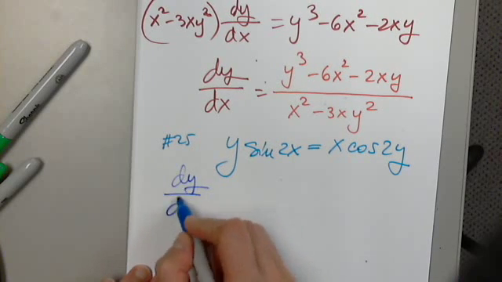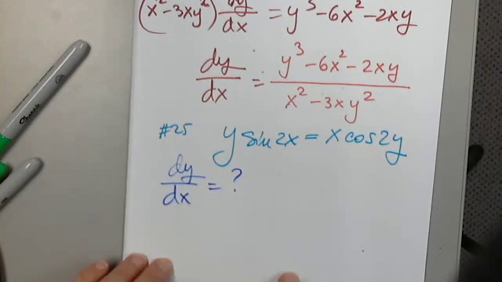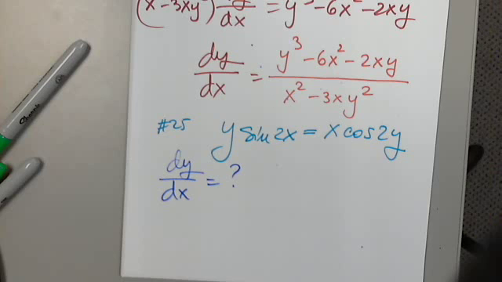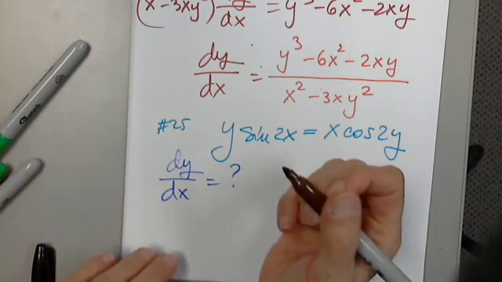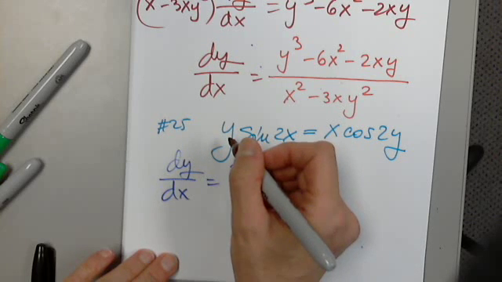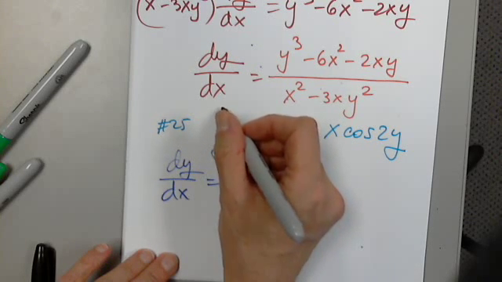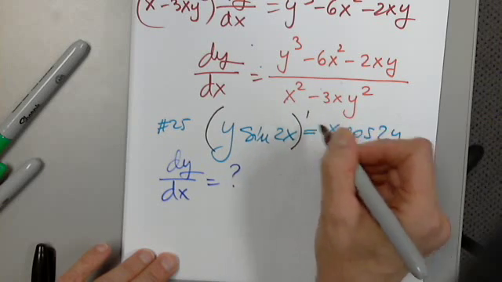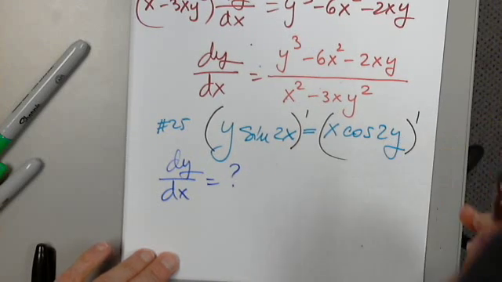Exactly. Do you want to solve this equation for y? Not in a million years. We cannot. Okay, so then what do I do? Very good. Yes, differentiate both sides.